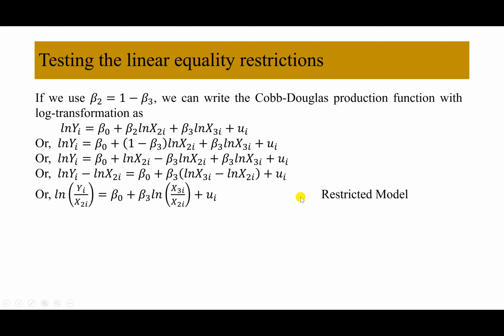This regression is called the restricted regression model because we have obtained this model by applying the restriction beta 2 is equal to 1 minus beta 3 to our unrestricted model. This is the unrestricted model.